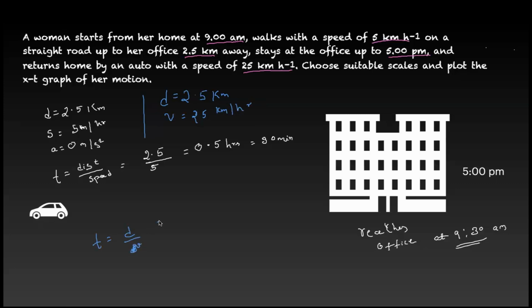So distance is 2.5 divided by the speed of 25. If you calculate this, you get 0.1 hours, which is 6 minutes. How? I multiplied it by 60 and got 6 minutes. So she is going to reach home at 5:06 p.m.